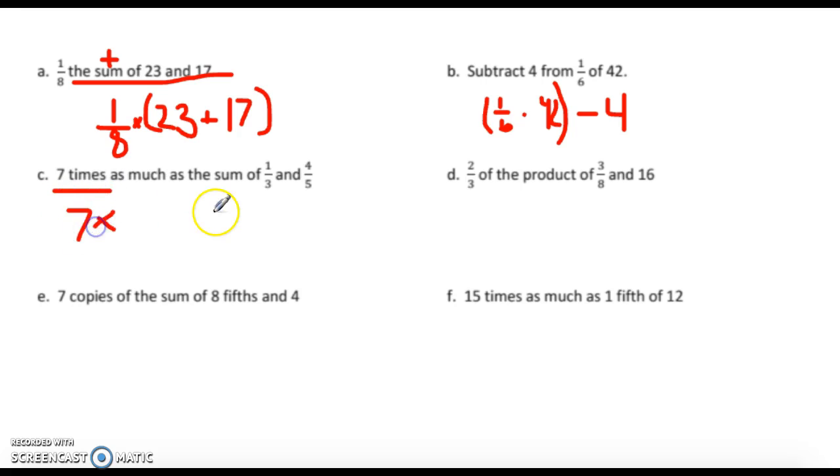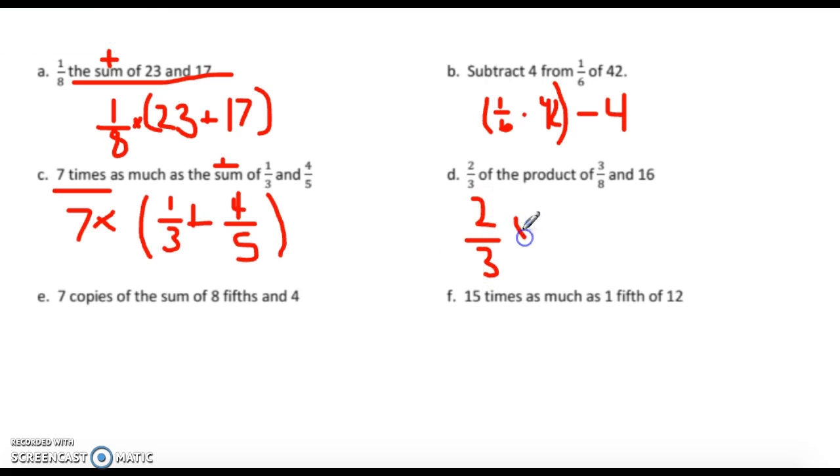This is 7 times, so that's easy. 7 times what? As much as the sum again means add, a sum of what? 1/3 and 4/5. Okay, so 7 times this together, so that means I'd have to add that together first. That means I need parentheses. 2/3 of, so there's my 2/3. I know that of means multiply.